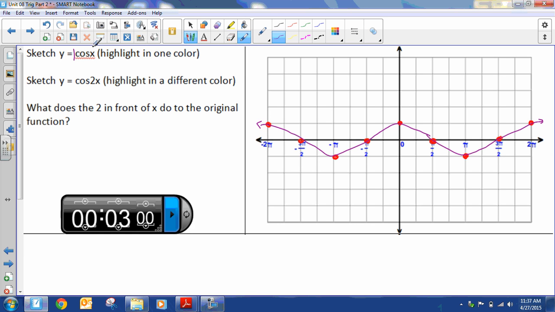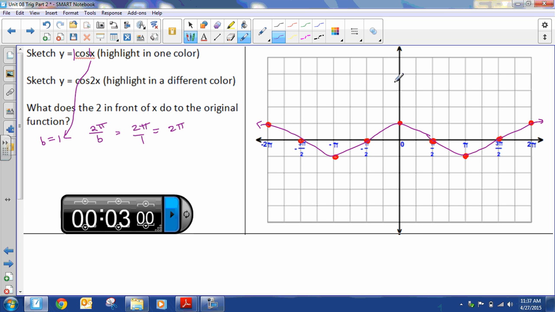So in this example, since the coefficient of x is 1, 2 pi over b, where b equals 1, is just 2 pi over 1, which is just 2 pi. And that's why one complete cycle happens in the distance of 2 pi. See, negative 2 pi to 0 is 2 pi, and 0 to 2 pi is 2 pi.